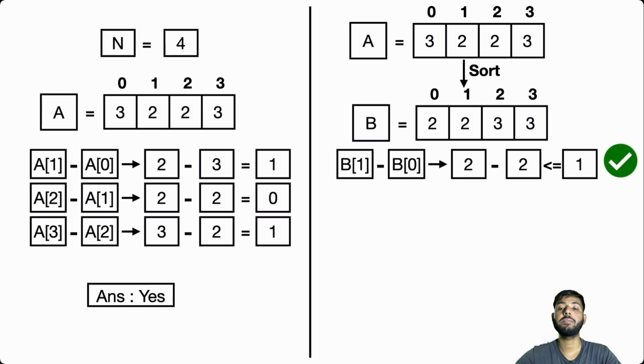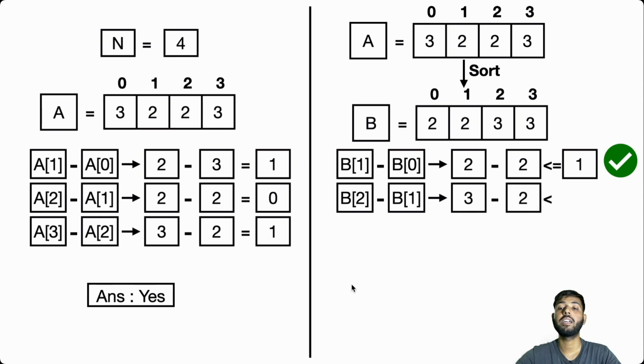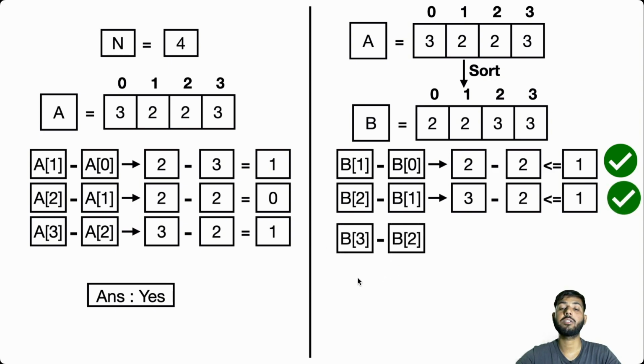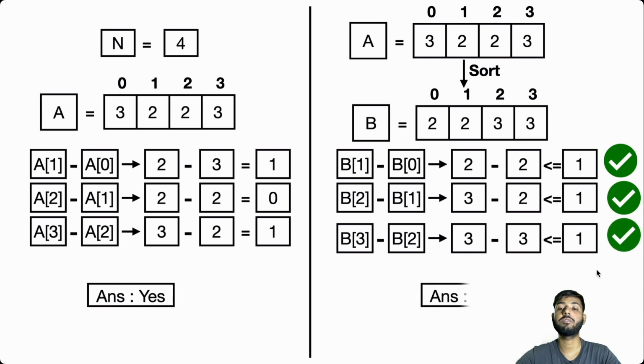If by any chance we get a result of subtracting adjacent elements greater than 1, then it is not possible to get the desired array which the question needs. So here you can see after sorting the array, all the subtractions are less than or equal to 1, so it satisfies the case, that is, it is possible to get the resulting array.